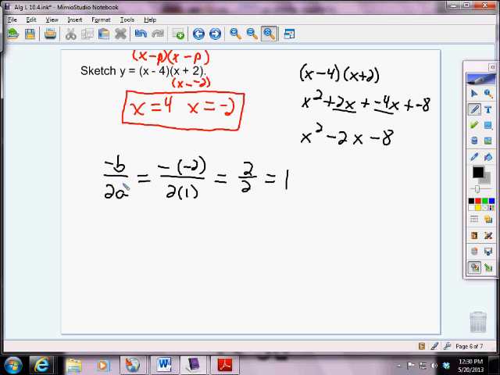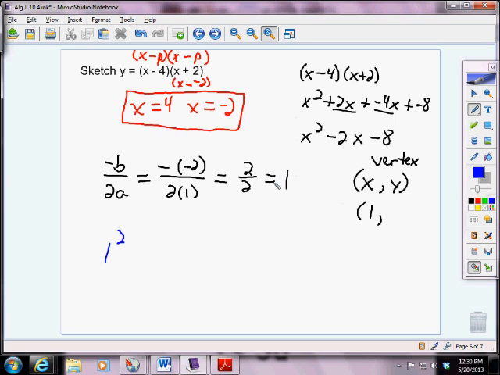Now, what does this negative b over 2a tell us? This is the x-coordinate of our vertex. We have a point at the vertex. It's an x and it's a y. This tells us that the x is going to happen at 1. How do we find out the y? We'll just plug it in right here. So I know that x equals 1.